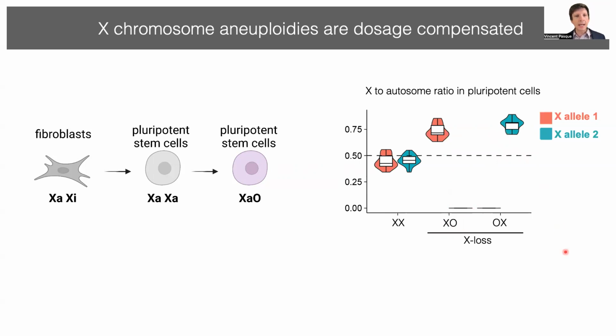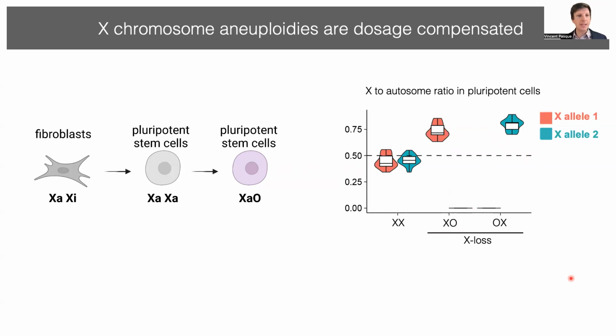So this is exciting data because it really suggests that mammalian cells have the capacity of sensing the number of active X chromosomes they have and adapt gene dosage accordingly.